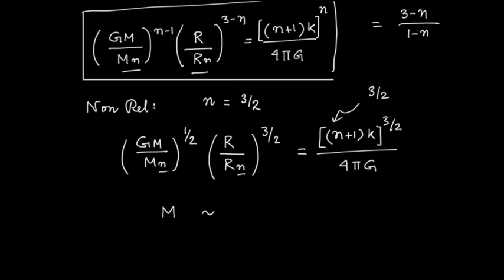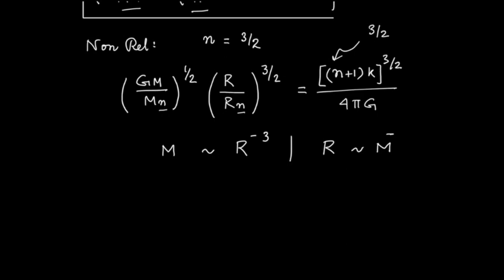So M will go as R to the minus 3. So for such stars, the radius goes as the mass to the minus 1/3, which means mass is a parameter, so the radius will change with this parameter this way.